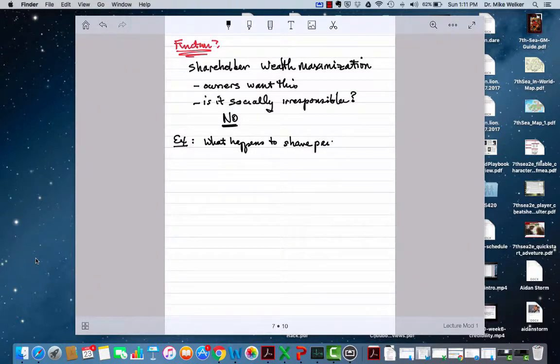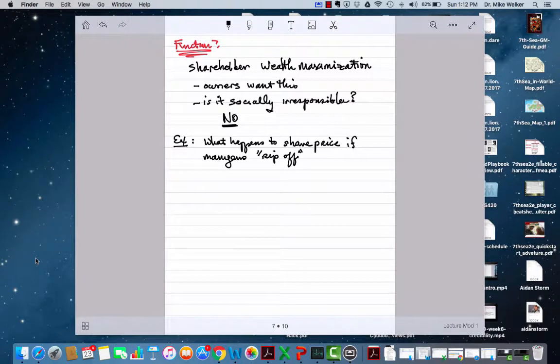What happens to the share price? Some firm is being run by managers. What happens to that firm's value, right, if managers engage in some suspicious and irresponsible behavior?